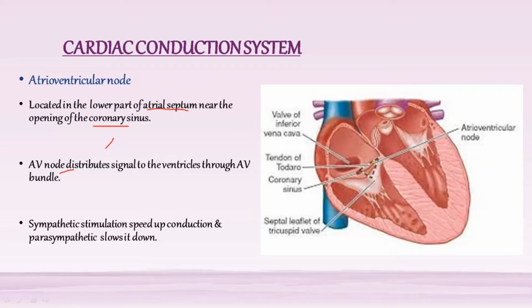Now this is the location of the AV node. Where it is located? In the inferior or the lower part of the interatrial septum. This is coronary sinus, near the opening of coronary sinus, above the attachment of septal cusp of tricuspid valve. Now these are the points which are commonly asked in BCQs.